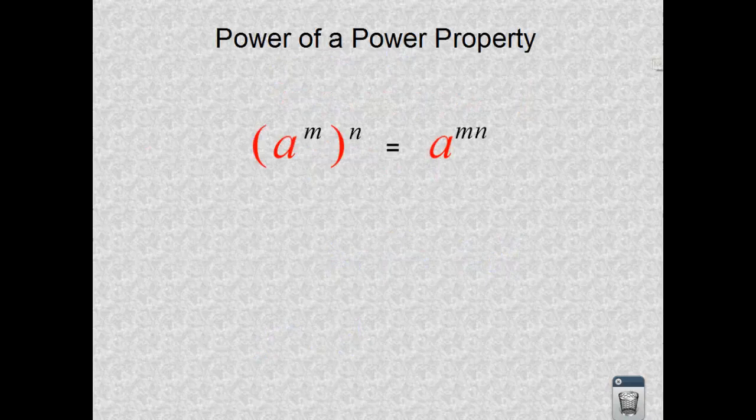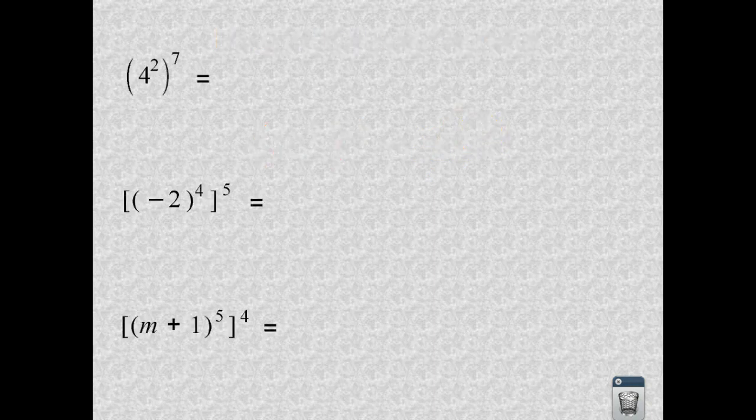Next property. Now we have the property called the power of a power. Basically we have a base exponent, m, raised to the nth power, so a power raised to another power. The quick rule is that we keep our base and multiply these two exponents together.